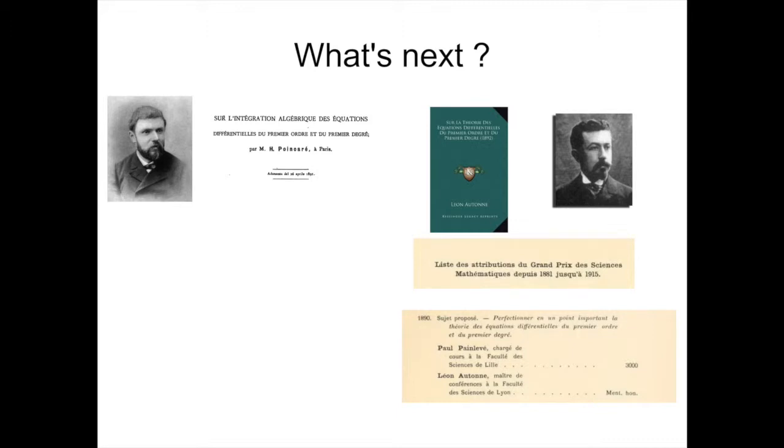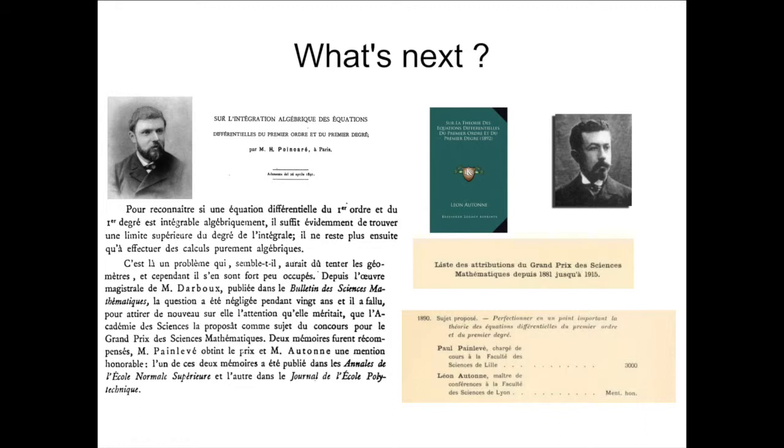And just after that, in 1891, there is this paper by Henri Poincaré, sur l'intégration algébrique des équations différentielles du premier ordre et du premier degré, where he essentially posed the problem that I've stated, for the particular case of a function of x, y, y prime, linear on y prime, first order, first degree.